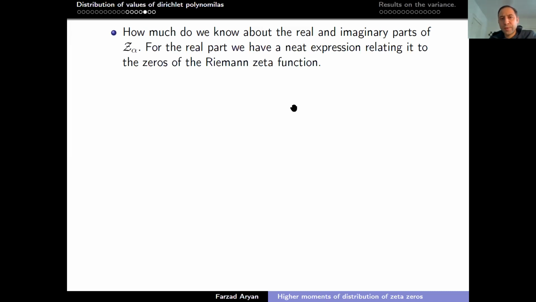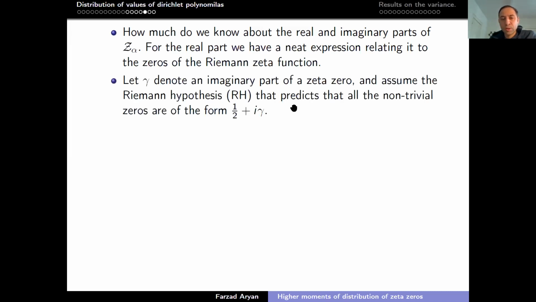For the real part, we have a little bit more because we can relate the real part to the distribution of zeros of the Riemann zeta function. So let gamma denote the imaginary part of the zeta zeros. Assume the Riemann hypothesis, which says all the non-trivial zeros are on the half line.